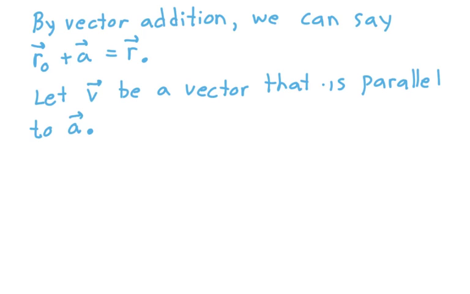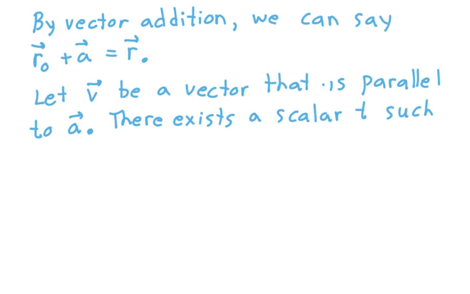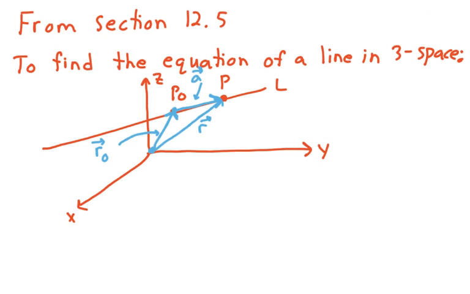And to be parallel, what that means is this: there exists a scalar t such that a is equal to tv. And so if I go back to the picture, v is drawn so that it's parallel to a. So we'll put v right there.